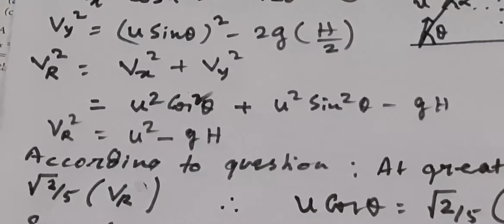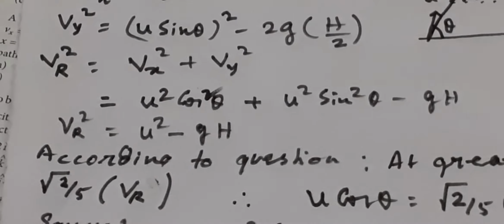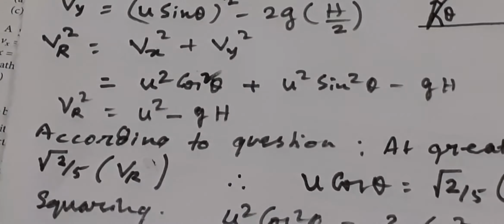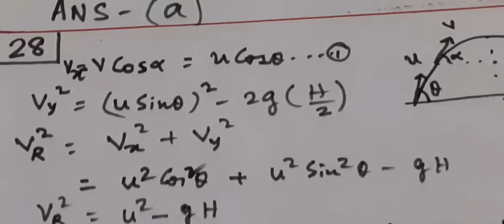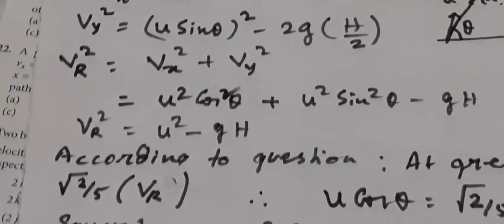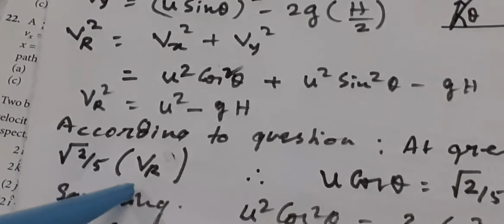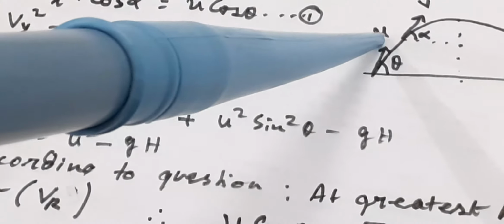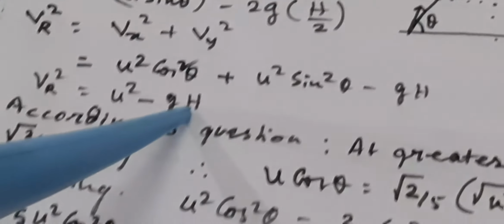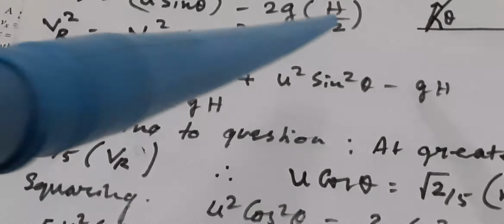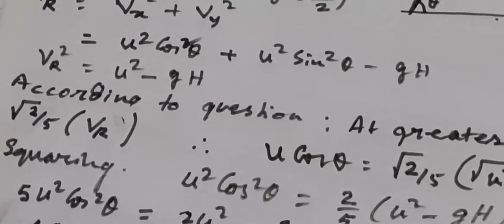This is the most important part of the question, this equation. The condition which is given, root 2 by 5, whatever velocity at H by 2 here, that is equal to the highest point velocity. Highest point velocity is only u cos theta.